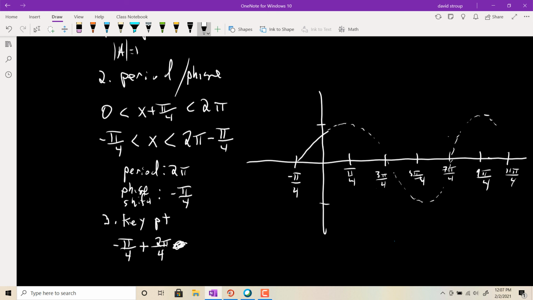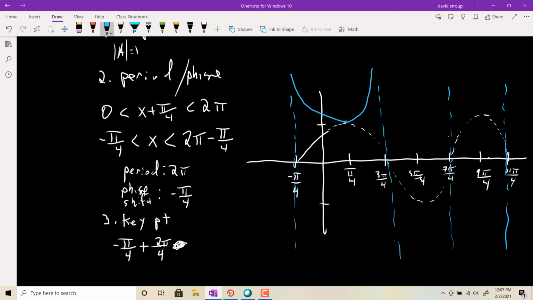And I'll just stop it there. There'll be another asymptote. So again, wherever the sine curve hits 0, that's where your asymptotes are. So, sorry, this one there. And then just draw on your humps. So there's going to be one right here, and one right here, and one right here. Okay.